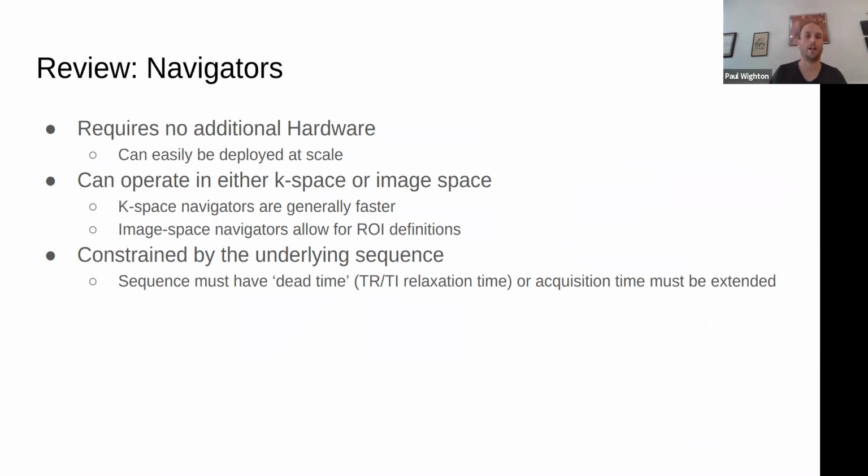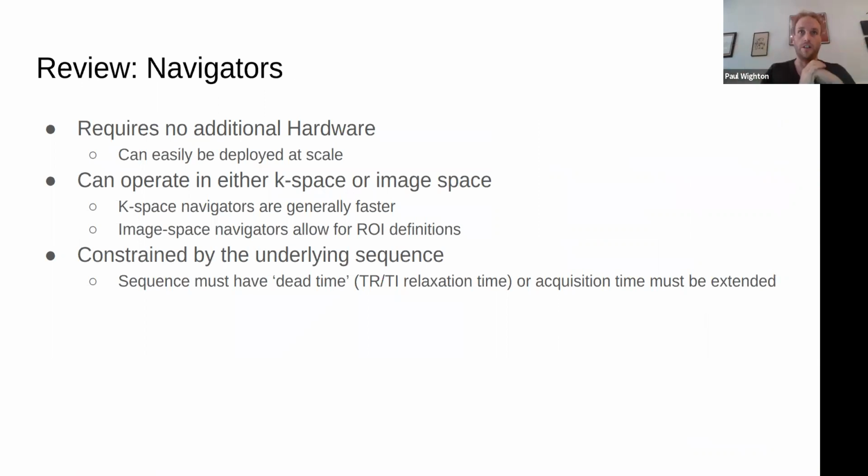So a quick review. Navigators are great because they require no additional hardware. So it's purely software. It can be deployed at scale. It's just as easy to send the sequence to one site as it is to 100 sites. They can operate either in k-space or image space.